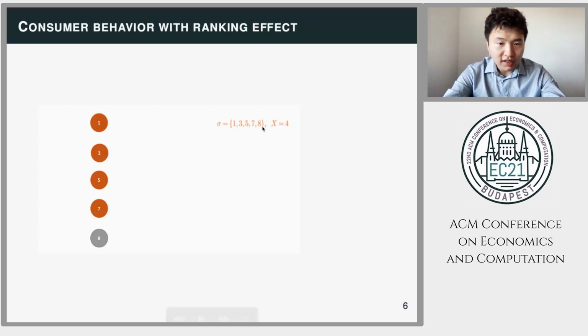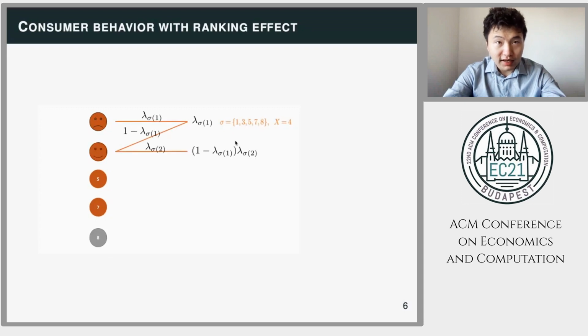After viewing product 1, there is a probability lambda_sigma_1 that the consumer is satisfied. In this case, she will purchase this product and leave the system. If not, she will then view item 3, which is displayed at the second position. There is a probability lambda_sigma_2 that the consumer is satisfied with item 3.